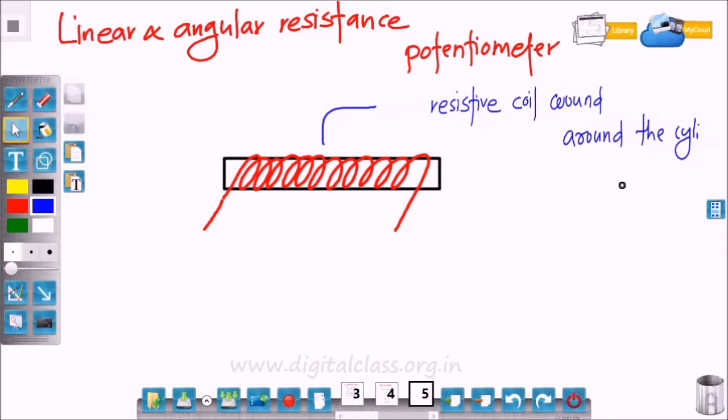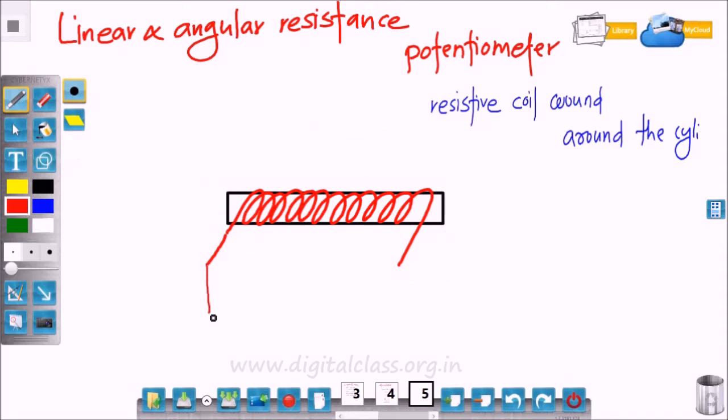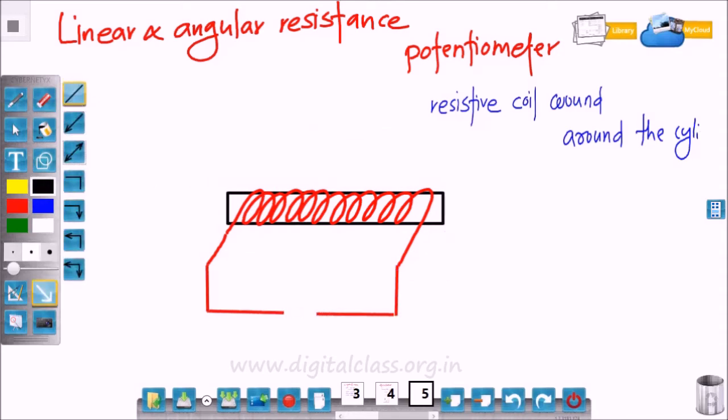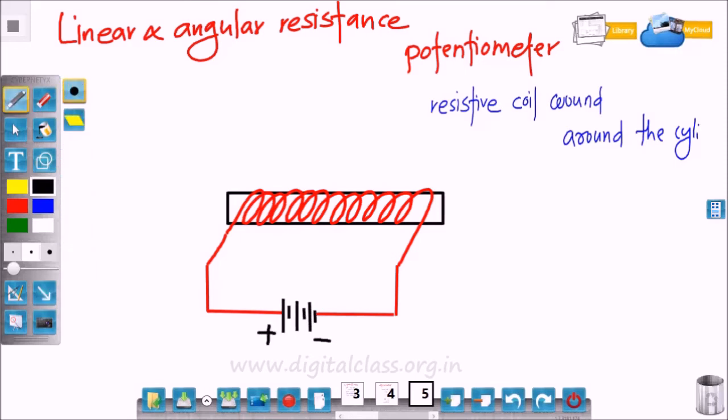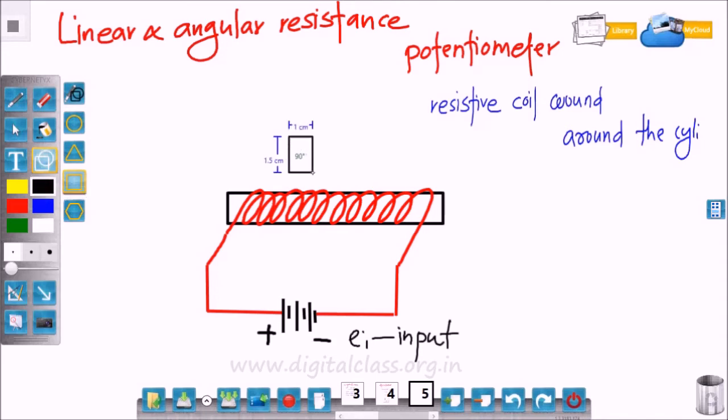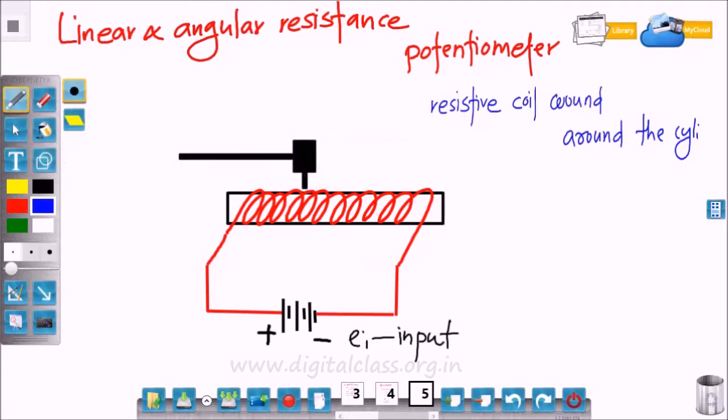This is the input voltage, and the output voltage is measured between two different points. This is the movable pointer which is connected to a rod. Here linear displacement is transferred to this pointer, that's why it gets moved.